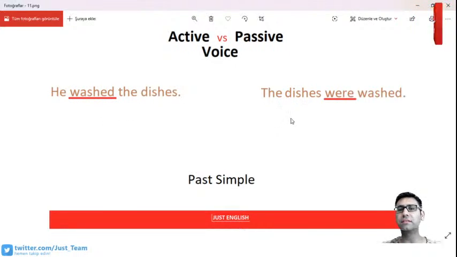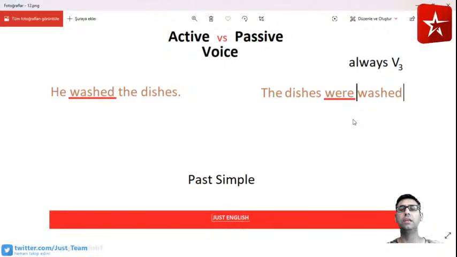And here in passive voice, this is how we do the past simple, by simply using to be. The verb is always past participle, always. All right, and this is how we define the tense, and this is how we use the verbs.